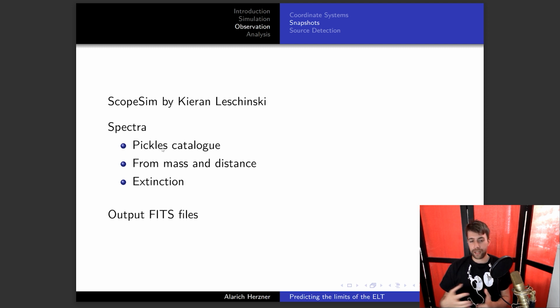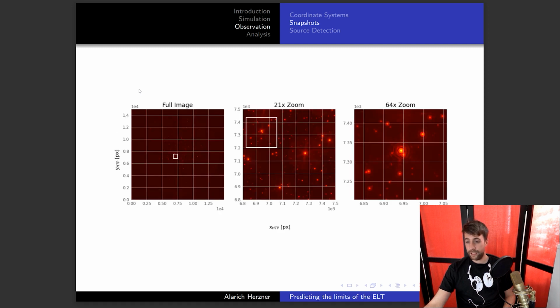It reflects, in a sense, some part of the light coming from the source. So it is dimmer than if there was no dust in between, right? So we do have to take this into account, which we do here. And then using this package, ScopeSim, we get the images.